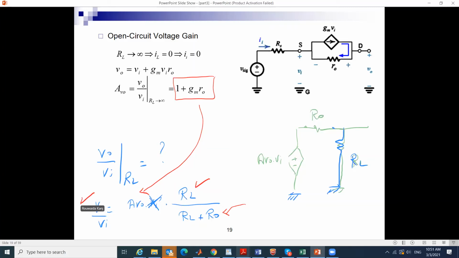The problems that you will see will vary between: I know AV, find RO, and vice versa. If I have this and this, and I have this, you can find this and vice versa. So be careful about the relation between RN, RSig and VN over VSig.